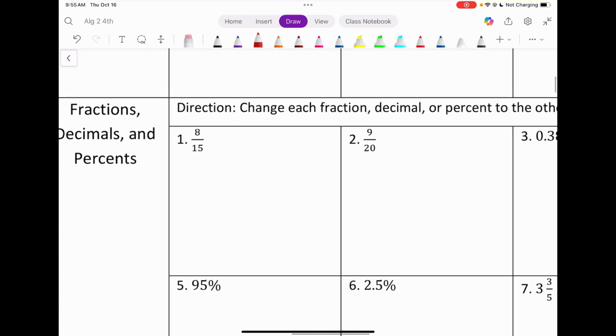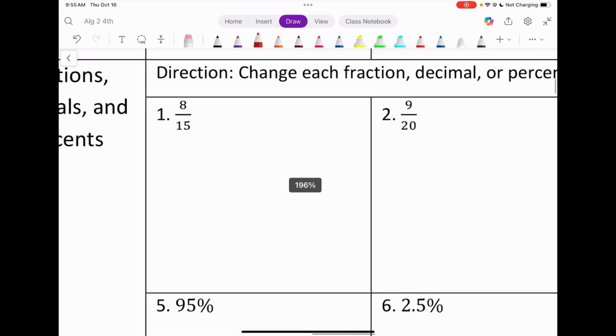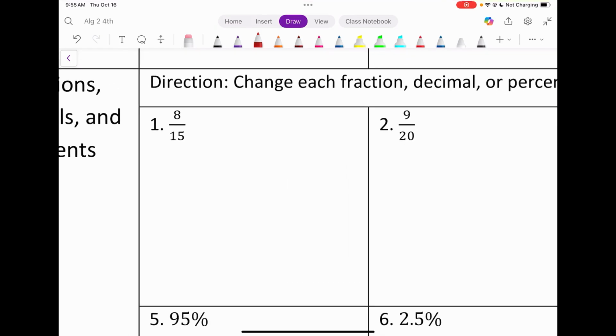So next up, fractions, decimals, and percents. We need to know how to convert from each of these. First one, in order to change a fraction to a decimal, I need to pull up my calculator here. In order to change a fraction to a decimal, you simply divide.